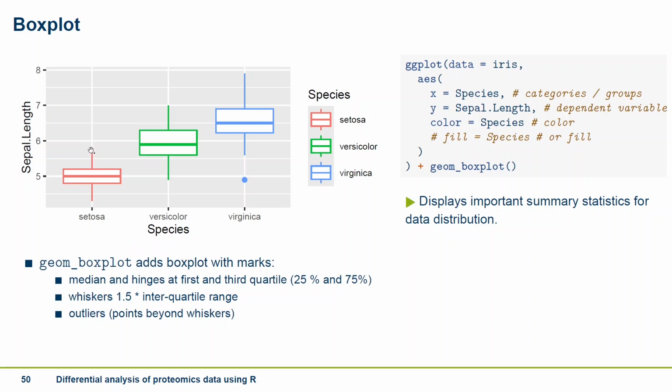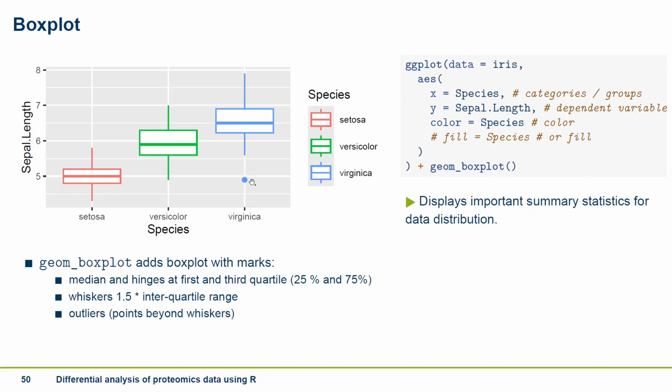And then the whiskers, these lines here, go from the end of the box to at most 1.5 times the interquartile range. If there is no data point in this area, then it just goes to the last data point.